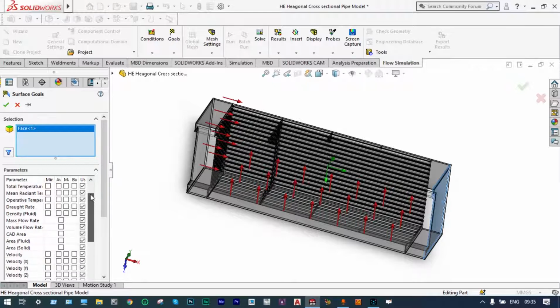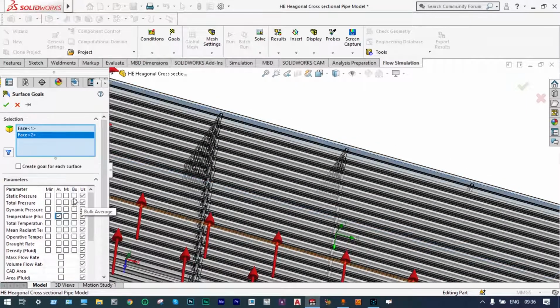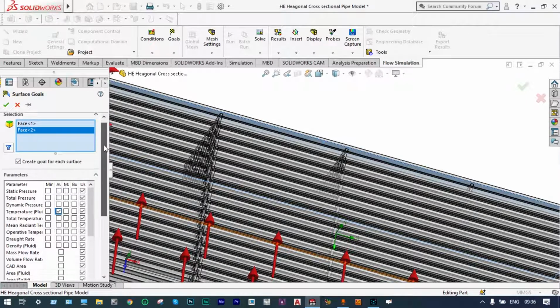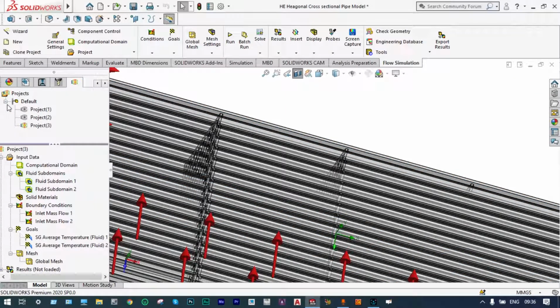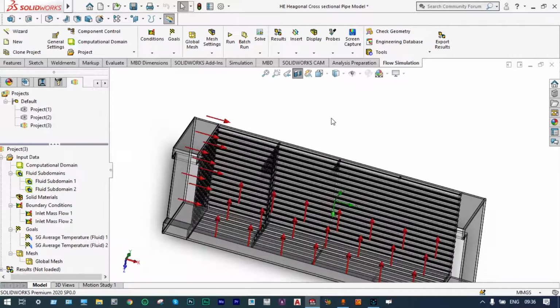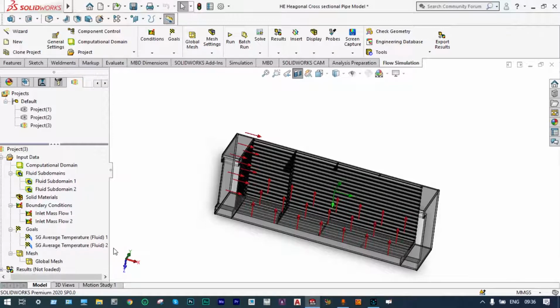That means average temperature of fluid at the exit location. At the same time, we want to find out average temperature of hot fluid at this surface also, and we want to create separate goals for each surface. Green check. So two surface goals have been defined.